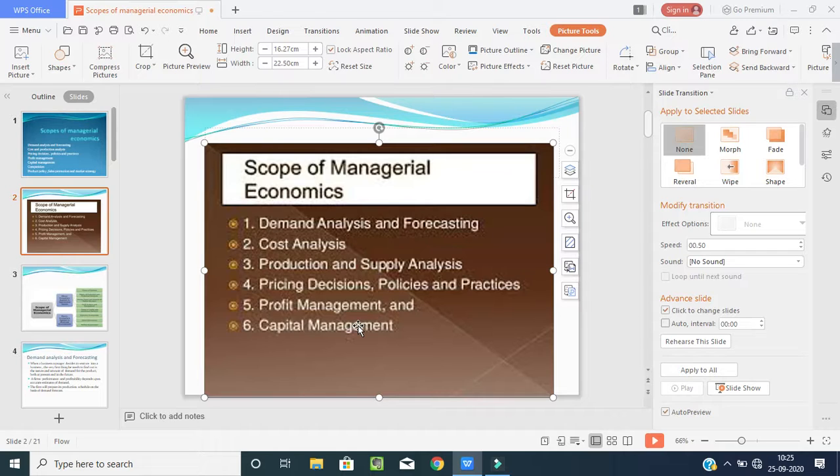Overall, what I was saying was according to the Indian experts of managerial economics, but according to the international level, these are the six main factors or the scopes of managerial economics.